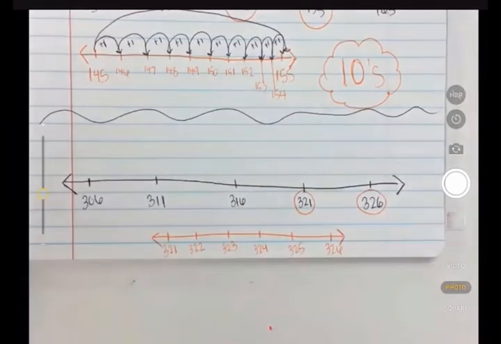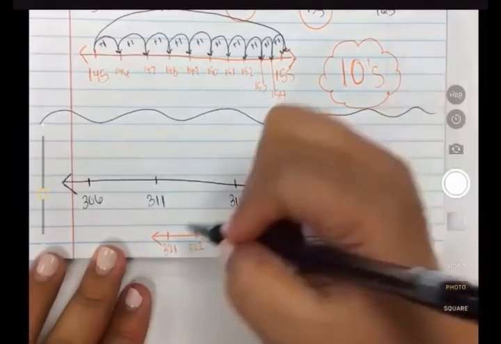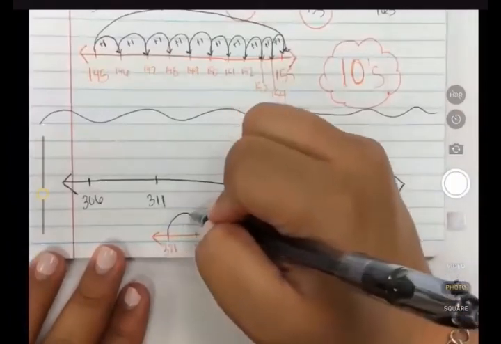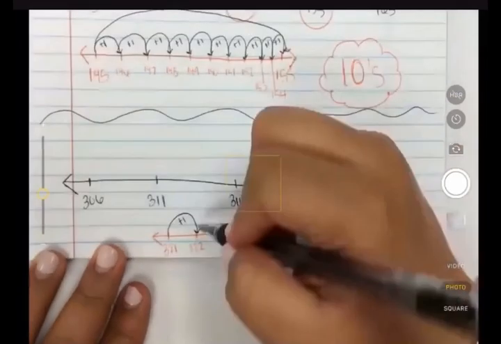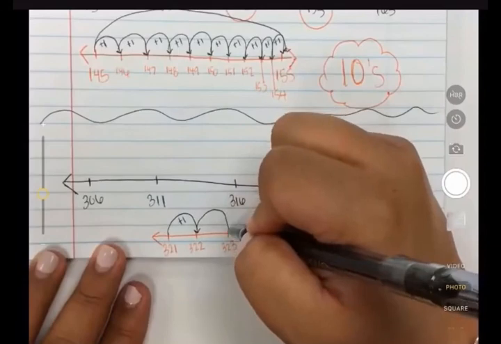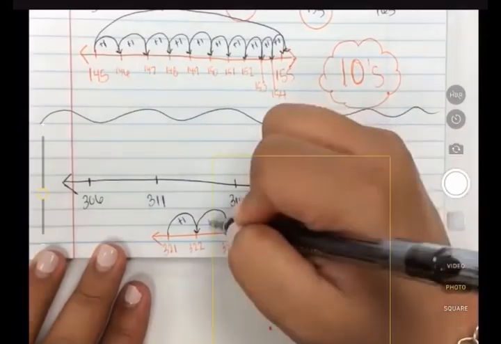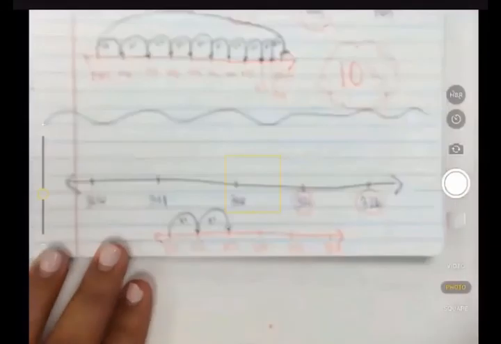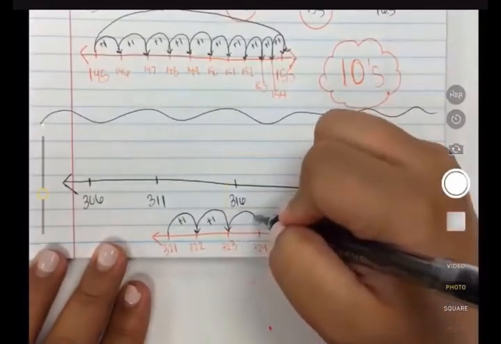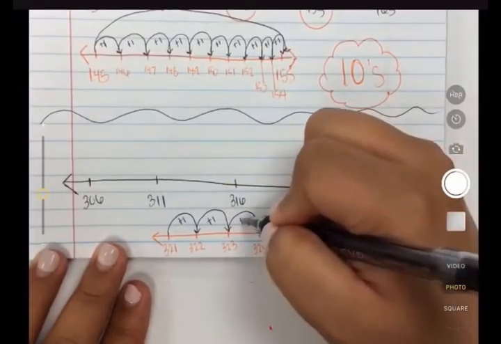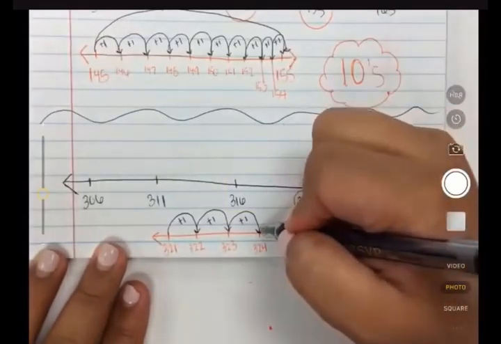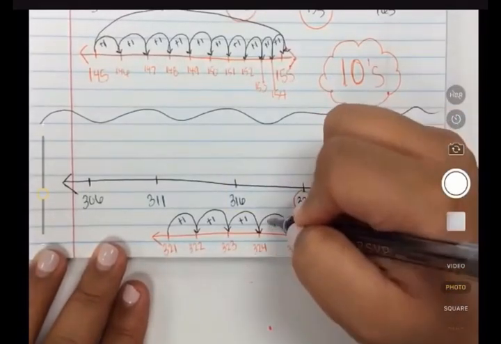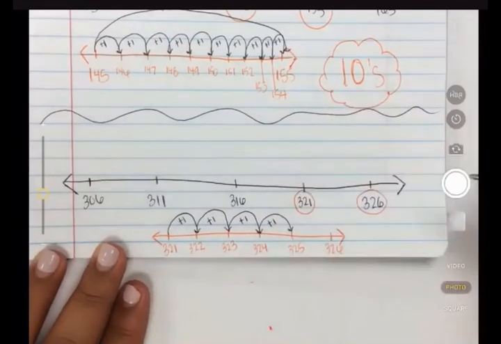Alrighty, let's go ahead and let's start hopping. So we're about to turn into some bunnies. So from 321 to 322, that was one hop, so that's +1. 322 to 323, that's another +1. 323 to 324, another +1. 324 to 325, another +1.